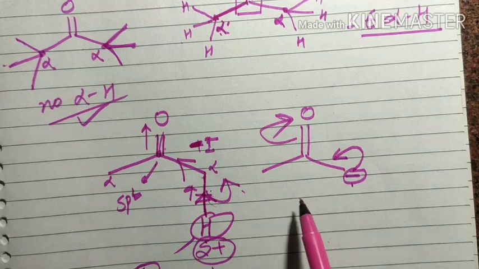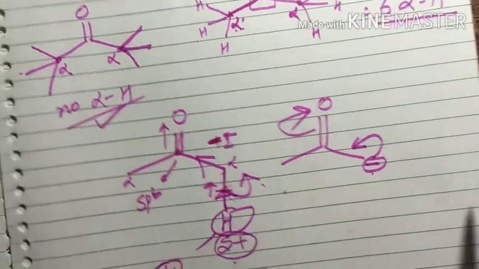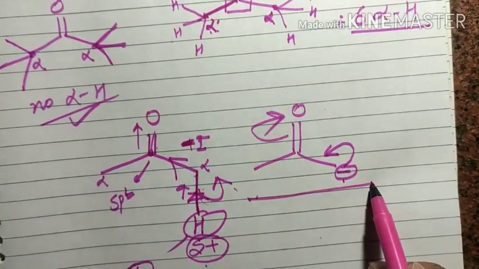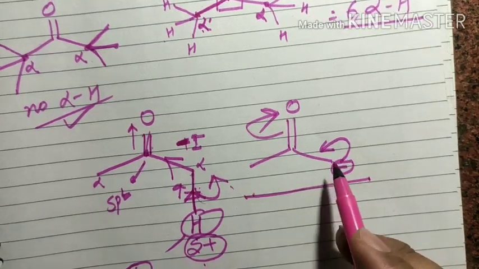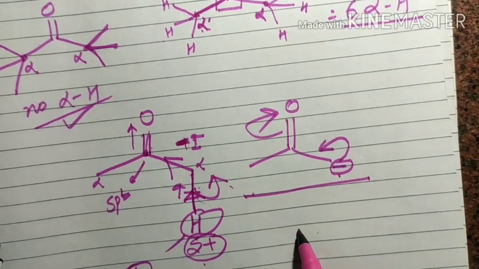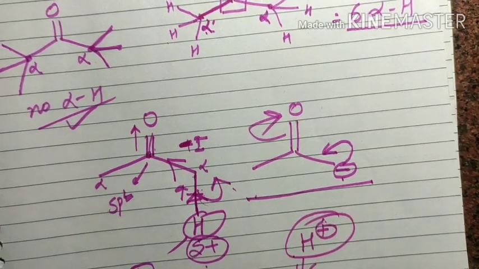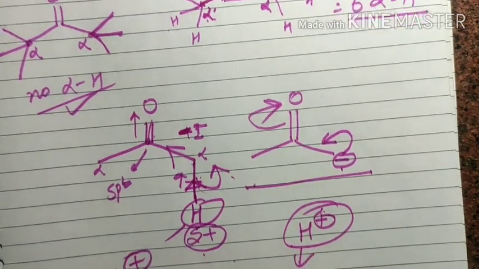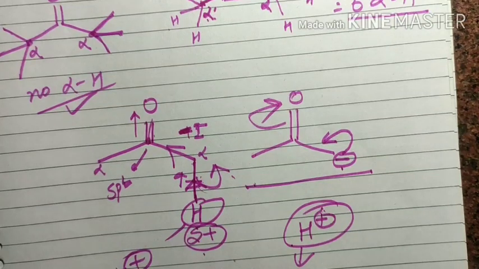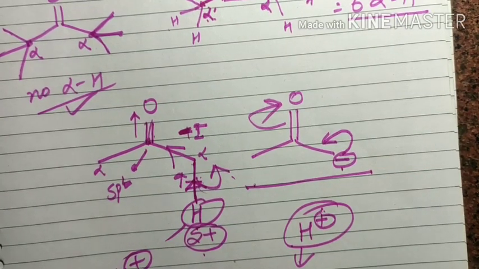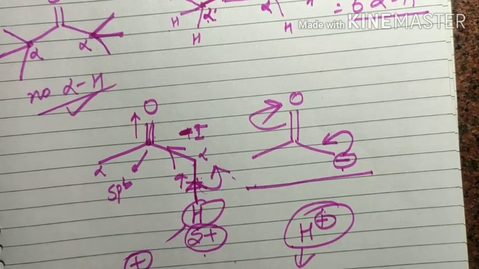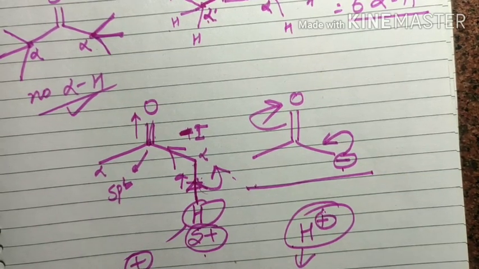Another point is the stability of the conjugate base. The conjugate base is stable due to resonance. So this system may lose its alpha hydrogen as H plus in the presence of a mild base also, or in a dilute alkali. This is the property of alpha hydrogen: alpha hydrogen of a carbonyl center is acidic.